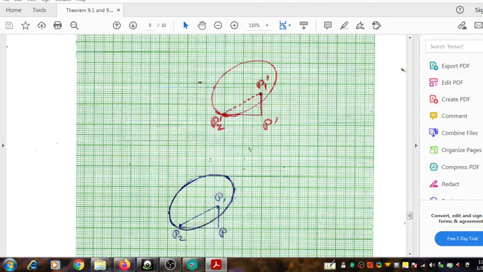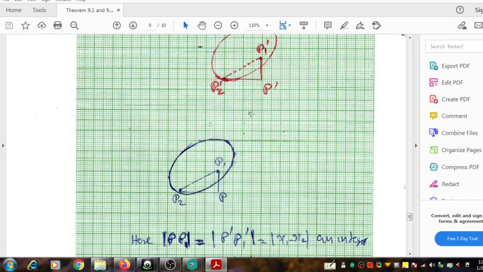In this case, this distance is expressed as the difference of y coordinates, and that's an integer. Also here the distance which is parallel to the x-axis is expressed as the difference of coordinates. Both coordinates are integers, so the difference is an integer, and its modulus is also an integer.